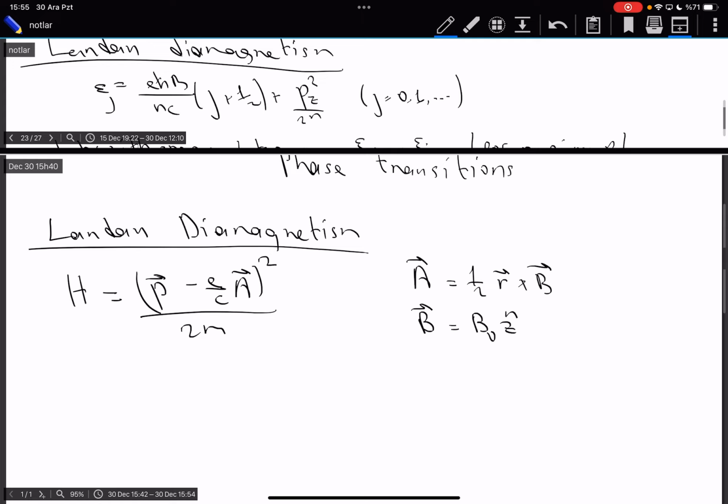So in the direction perpendicular to the magnetic field, it will do a circular motion. Along the magnetic field, it will be just a uniform motion. So it will basically follow a helix. And if you solve this problem, this is what you get.